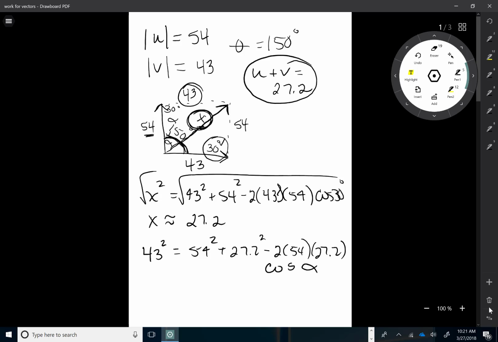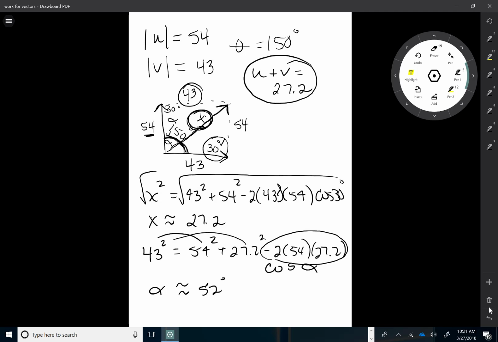And when you do your math by bringing the 54 squared and the 27.2 squared and dividing by this and hitting inverse cosine of that value, you get that the angle is approximately 52 degrees. So that's the angle between those two things.